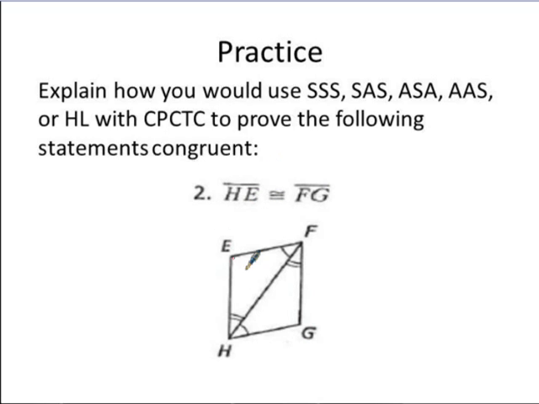Let's take a look at another one. Same exact kind of problem. How are we going to prove HE and FG? Well, we have two triangles, an angle and an angle, an angle and an angle, and we have this shared side. So again, I'm going to be very careful about my order here.